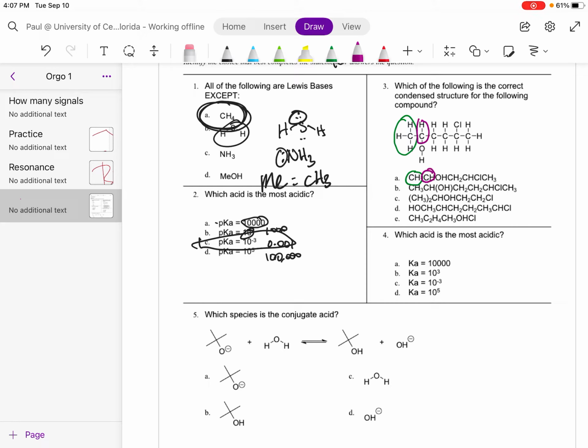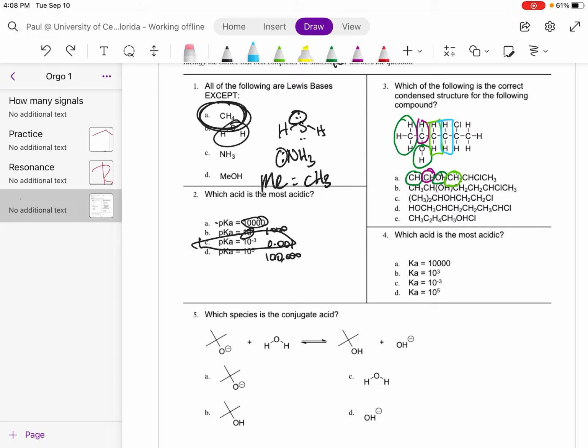Attached to that CH, we are going to have an OH. Also attached to that CH, we have a CH2, and to that CH2, we have a second CH2. And is that a CH2? No, that's a CH. So that one doesn't work.